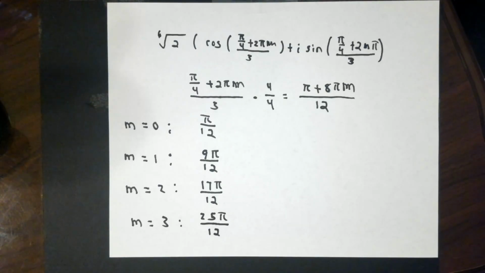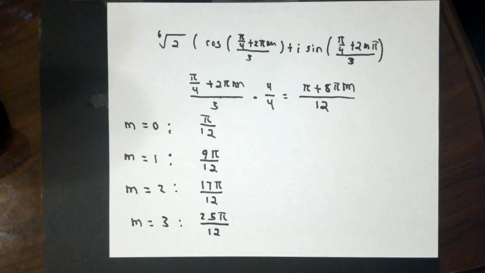I've left these in unreduced form just to check on something. This is the one that I would get if I wasn't concerned about that whole add a full circle thing. This is the argument that I get if I add in one full circle, two full circles, three full circles.